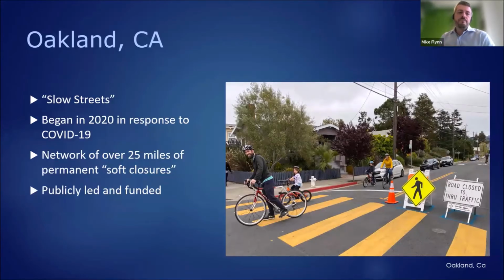Excuse me. So a few examples of pandemic era open streets. Oakland, California received a fair amount of attention for their program. It was pretty big given the size of the city. It's over 25 miles of what they're calling soft closures. So kind of what you see in the picture here. Cars are still allowed, but you have to go very slowly, and it's just for local traffic.